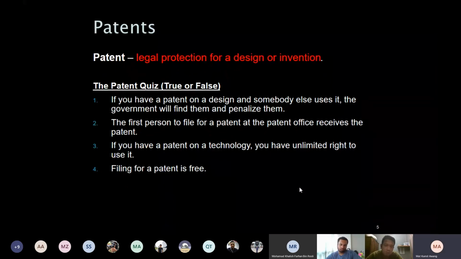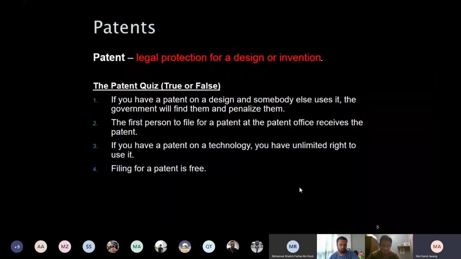Third: if you have a patent on the technology, you have unlimited right to use it. True or false? It's false, because your rights to a patent are only up to what you claim to be yours in the patent.